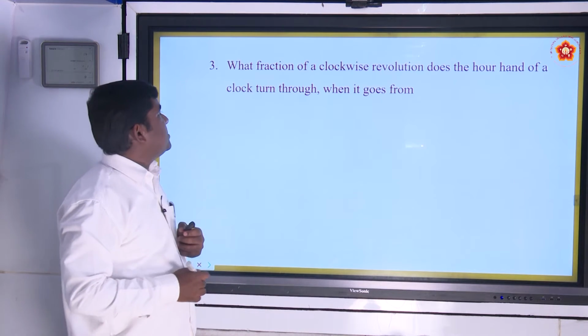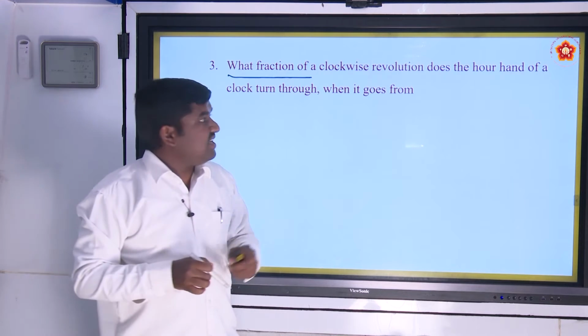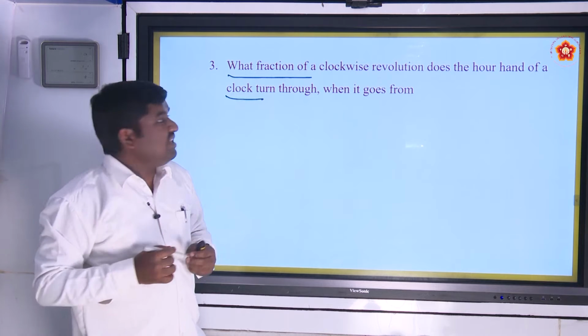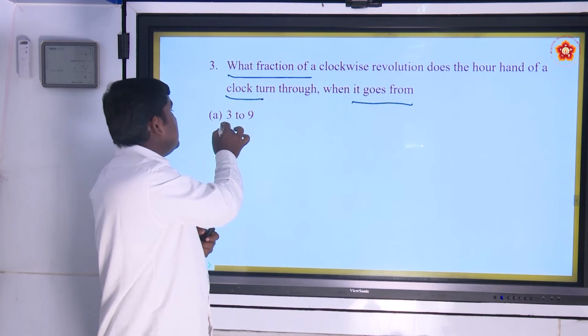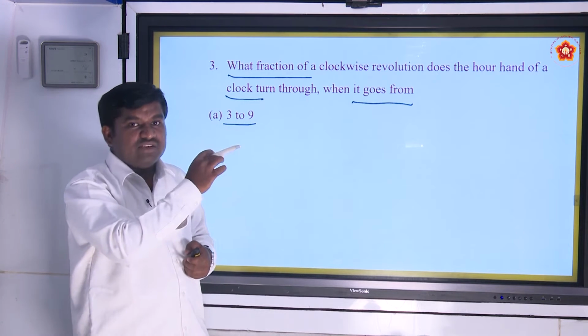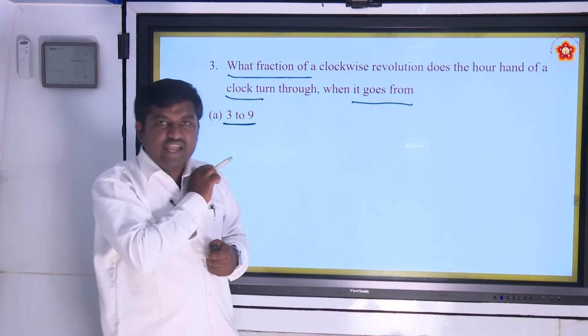Next, third question: what fraction of a clockwise revolution does the hour hand of a clock turn through when it goes from? First one, 3 to 9. There is a clock. One hand goes from 3 to 9.